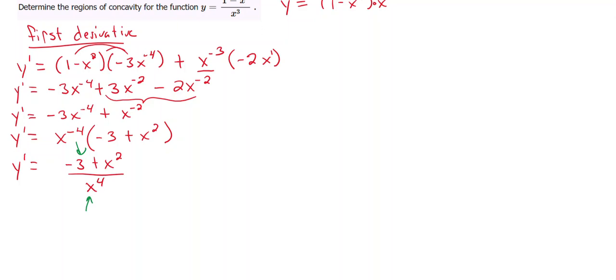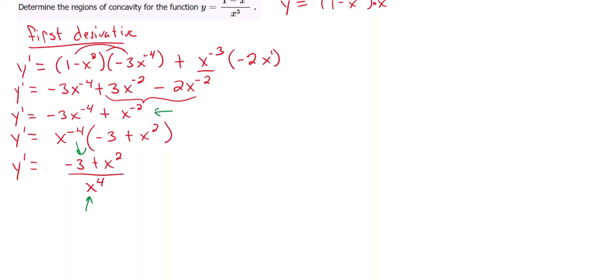But you know what? If we're trying to find the second derivative, why don't we start from the earlier form? Then we can take the derivative pretty easily of these individual pieces. You'll get the same answer either way. So if you want to do the quotient rule, fine. If you want to do the product rule by making that negative, fine. But I'm going to take a little shortcut. I'm just going to use this one.